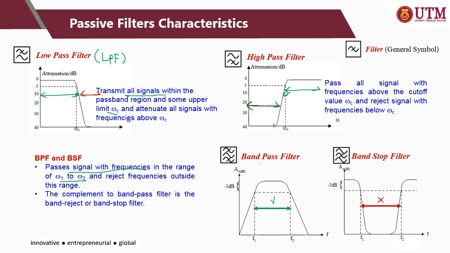So for the BPF, the signal lying within f1 and f2 will be chosen, while for the band stop filter, the signal lying within the same frequency band f1 and f2 will be rejected. Only the signal in this area will be chosen.